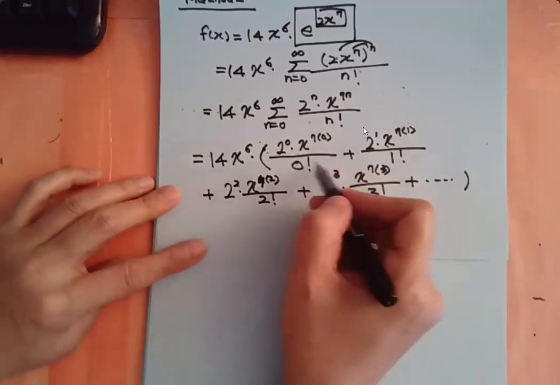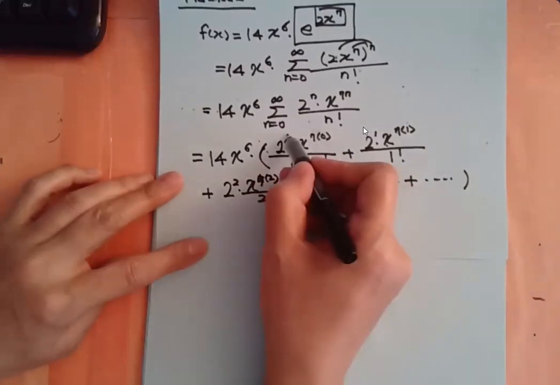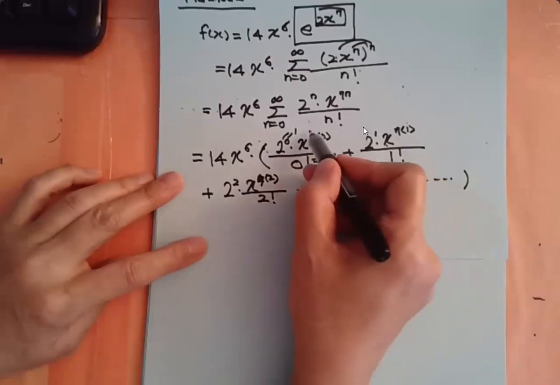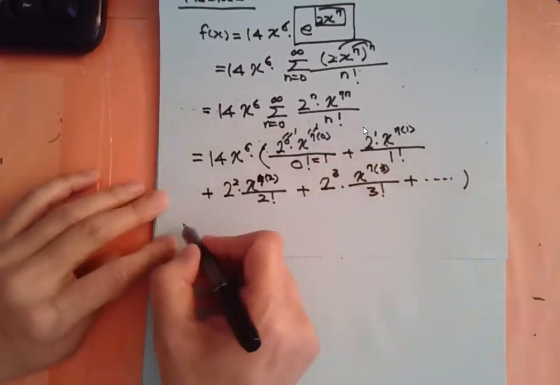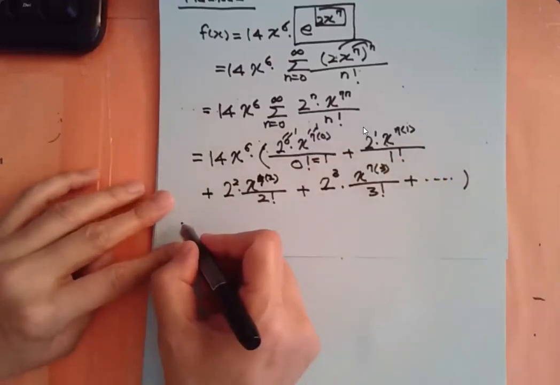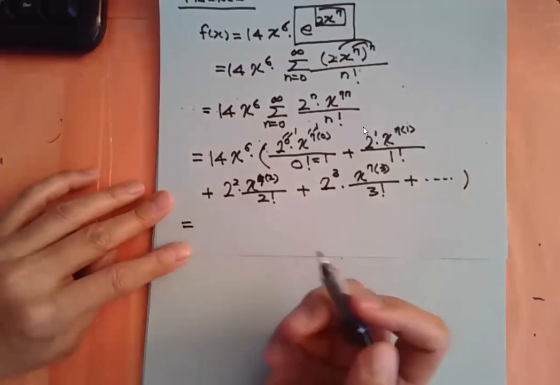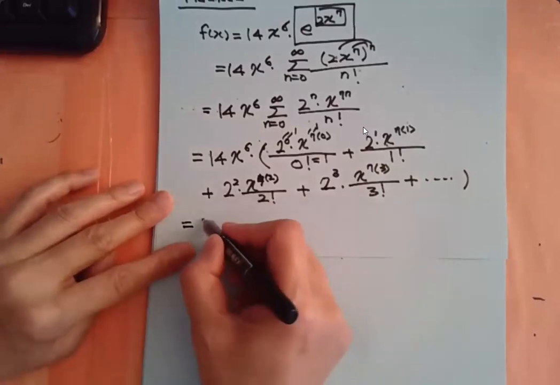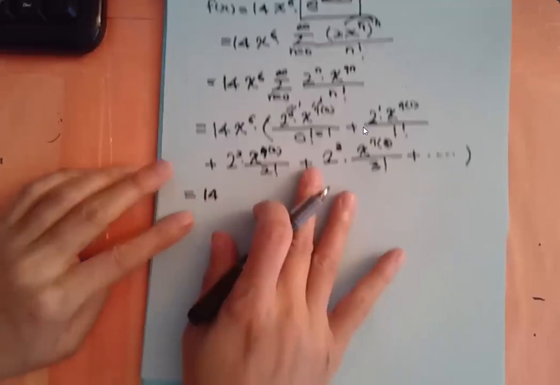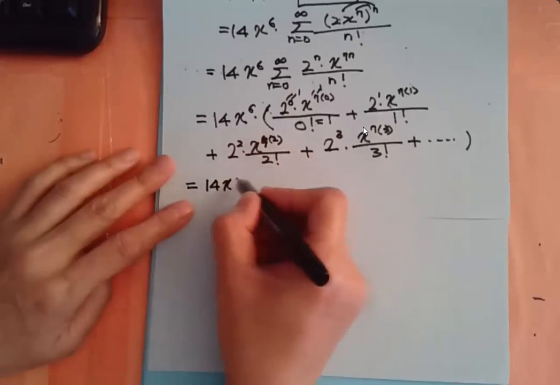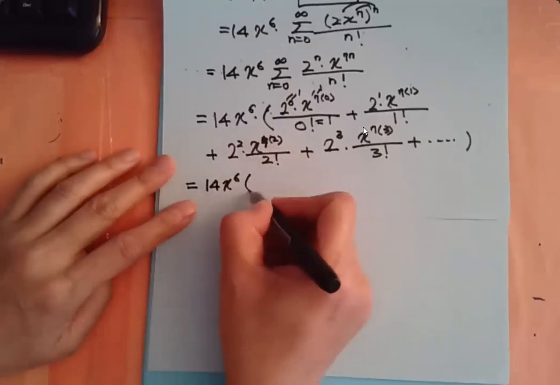So what is this? 0 factorial is 1. This one is 1 and 0 power is 1. And so, let me just do one more step. So 14x to the 6th power.